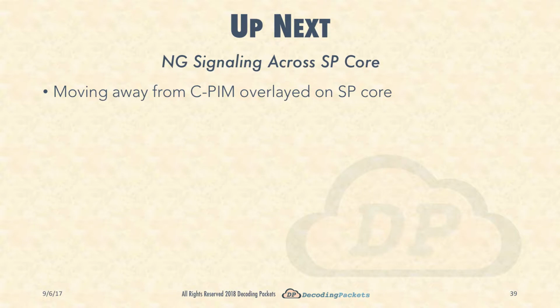Now, there are multiple ways of achieving that signaling. So signaling still needs to happen, but we just don't want to use C-PIM for it because it's a soft state protocol, and basically we just want to get rid of that extra state all the time. So there are multiple ways of achieving this, and you can use MPBGP or you can use mLDP itself to perform the signaling. That opaque value makes it very flexible, and you can just use mLDP to perform the signaling.